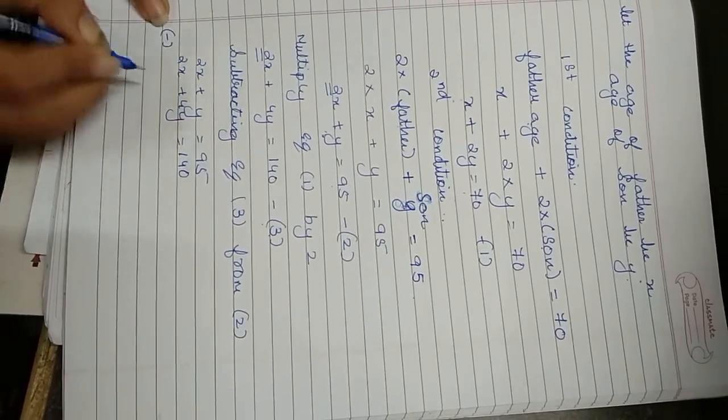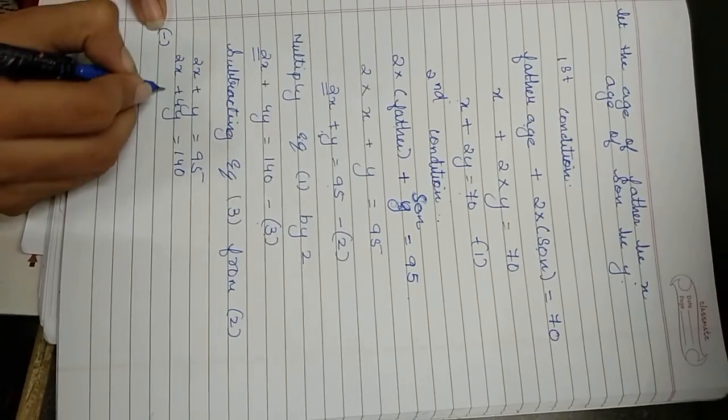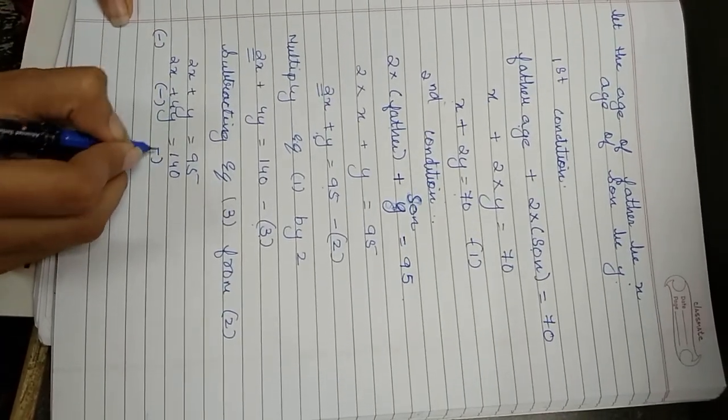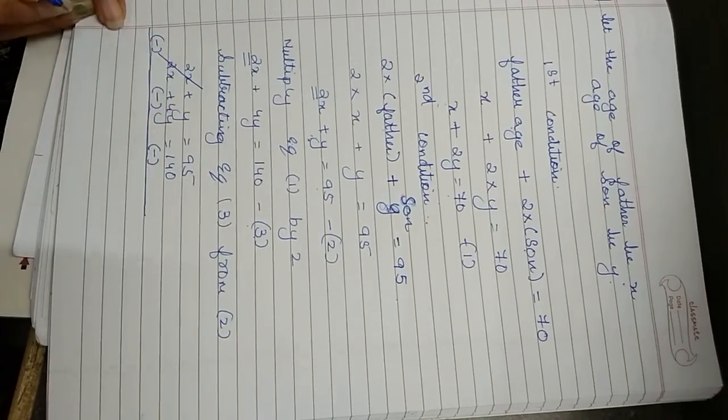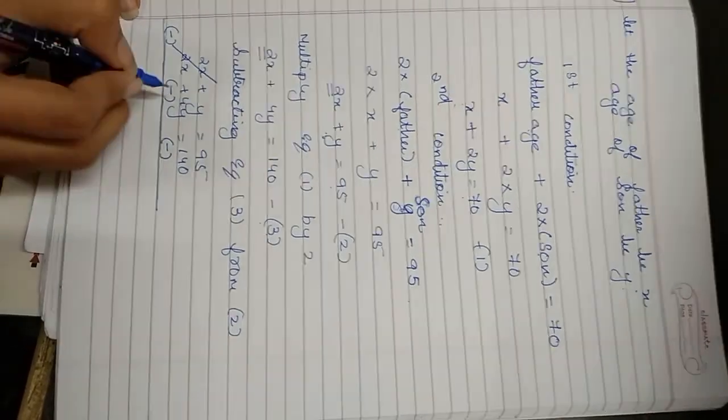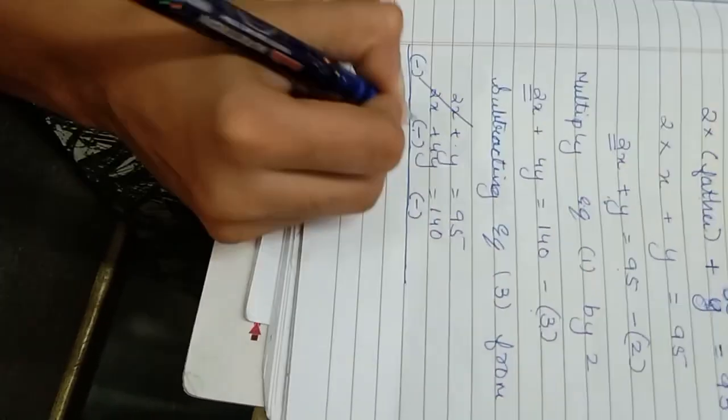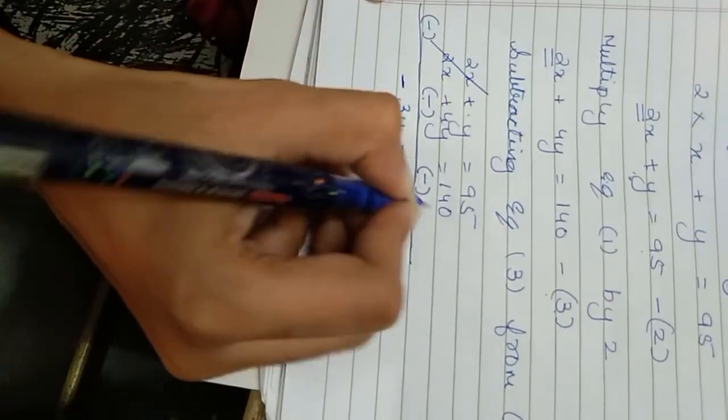Now in subtraction, plus sign will get converted into minus, plus sign will get converted into minus, plus sign will get converted into minus. Plus 2x minus 2x will get cancelled out. Plus into minus is minus, 4 minus 1 which is equal to 3y, but greater number sign is minus.